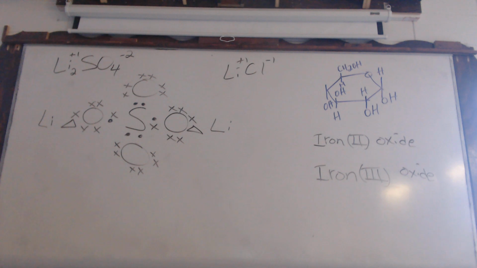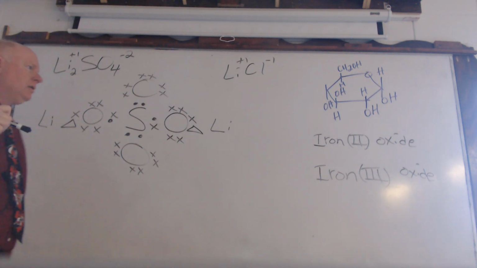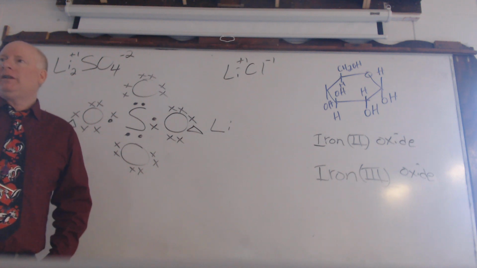Okay. In your handout that you wrote down, it talked about tin. Tin has what type of charge? I think it's +2. +2 or +3 or +4. It's +2 or +4. The Roman numeral tells you what the charge is.